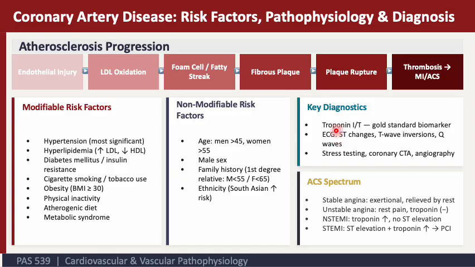In the cardiac enzymes, you're looking for troponin I and T. That's usually the gold standard. You would also get an EKG or ECG. And on that, you're looking for any changes like in the T waves, any Q waves, or changes in the ST portion of it. And we'll discuss that a little bit later as well.